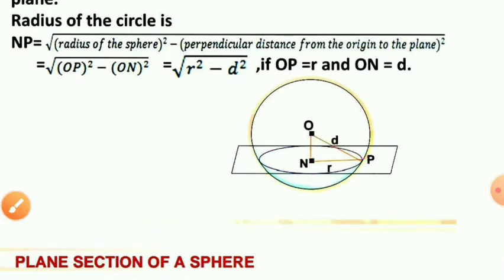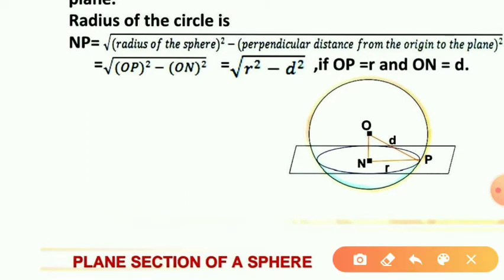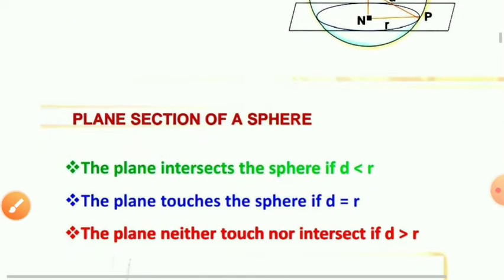By applying the principle root of R square minus D square, we can find the radius of the intersecting circle. Also, the center of the circle is the foot of the perpendicular from the center O of the sphere onto the plane.